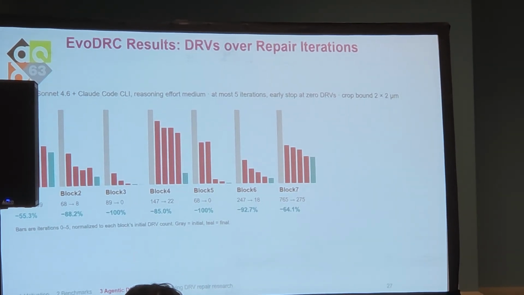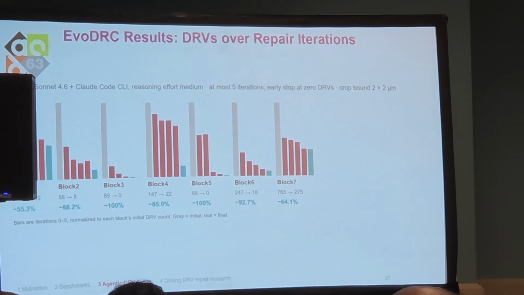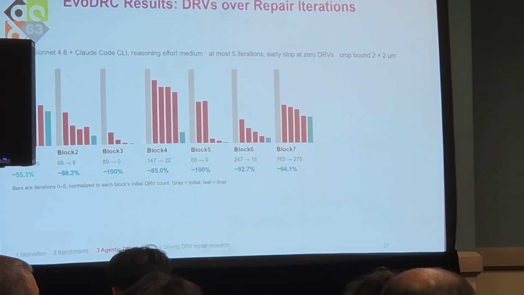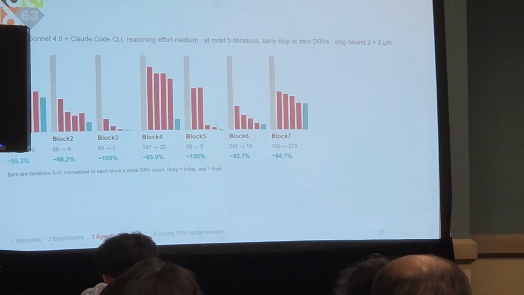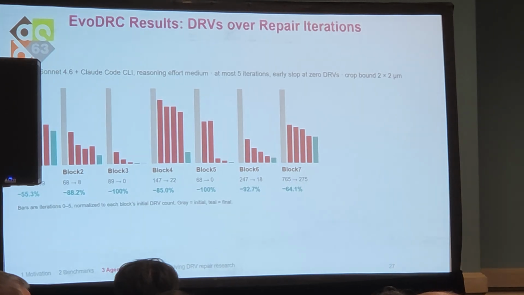So you notice that over multiple iterations, it's been able to reduce the DRV counts. At each iteration, the DRV counts are calculated only after we've taken the crops and merged them back, right?